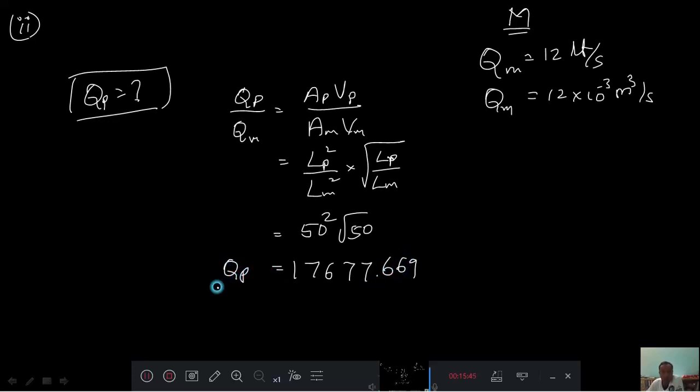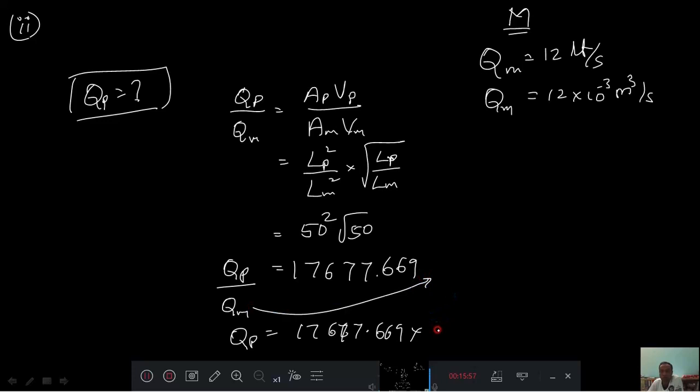This is your Qp divided by Qm. Then what you want? You want Qp. Then Qp is equal to 17677.669 into this Qm comes this side. Qm means it is 12 into 10 raised to minus 3. Therefore, the answer is 212.13 meter cube per second.